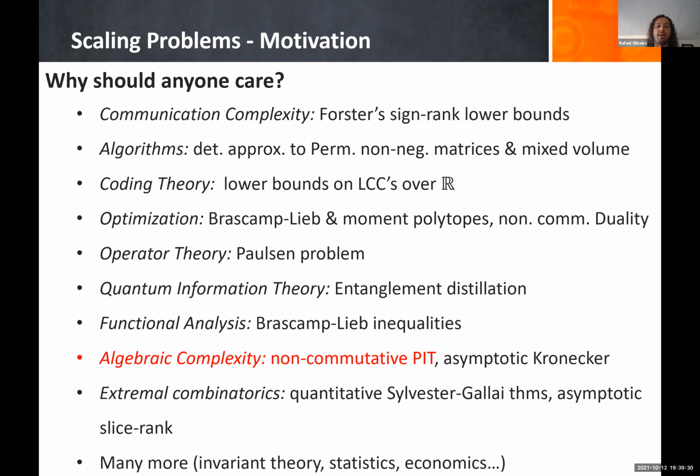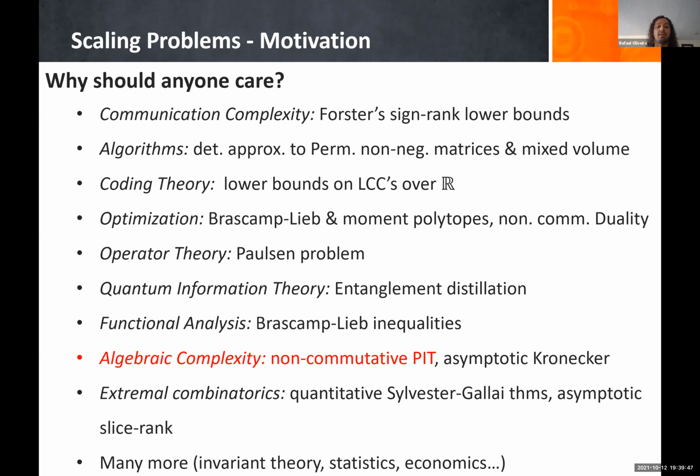These are called frames. In terms of algorithms, we can obtain deterministic approximation to the permanent of non-negative matrices, as Ankit talked about, via matrix scaling and mixed volume. And this is the work of Gurvits and Samorodnitsky.